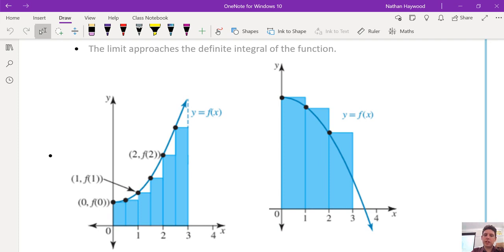So you get the height. That's the height of the rectangle. And the width is, can you see what the width is for all of the rectangles? 0.5. So you're taking the height, whatever the y value is, and timesing it by that width to get the area. You guys remember length times width for rectangles?